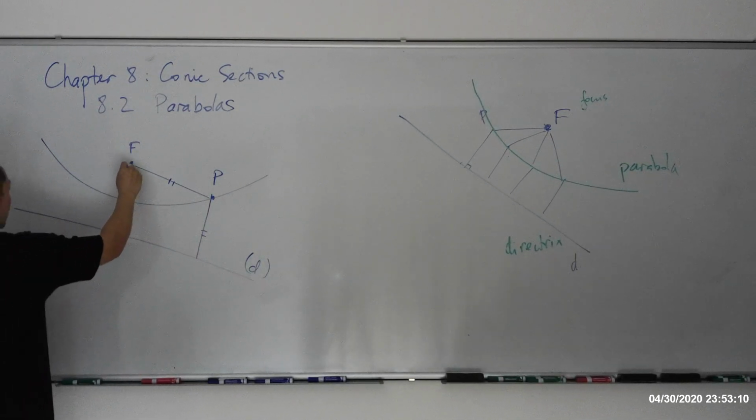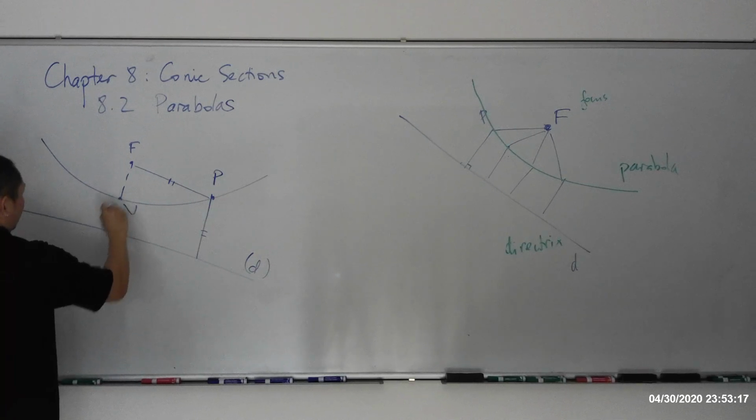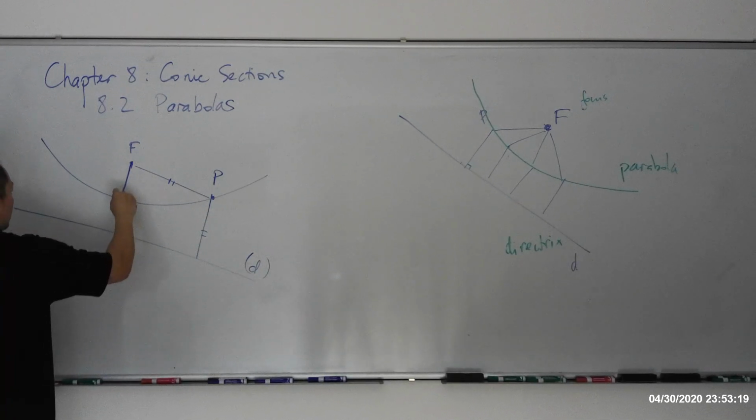Alright, so as you know before, this point right here in the middle, we call it the vertex of the parabola, this V, the vertex. The distance from V to F is that much.